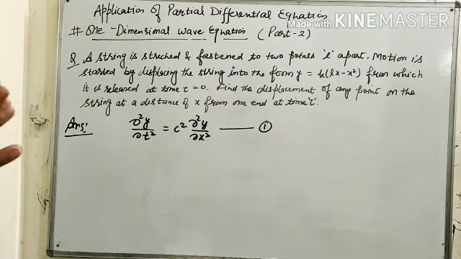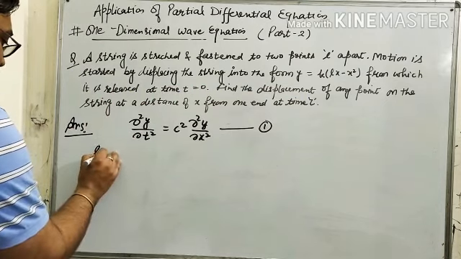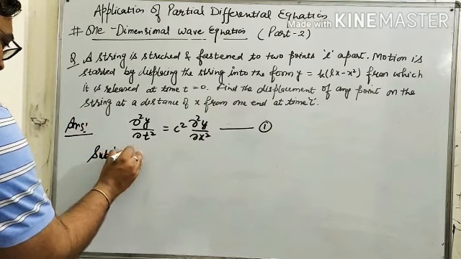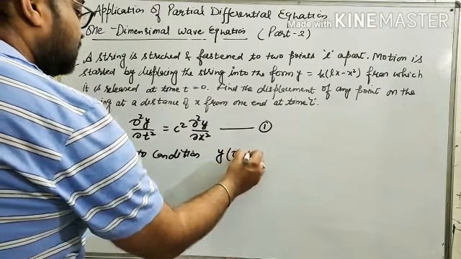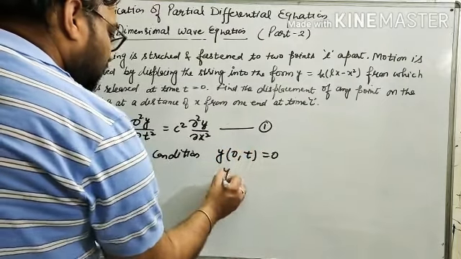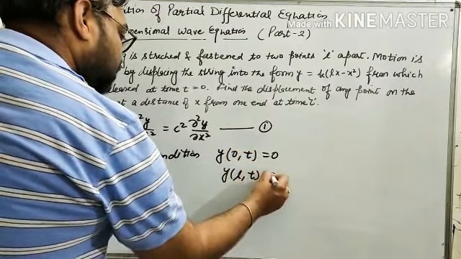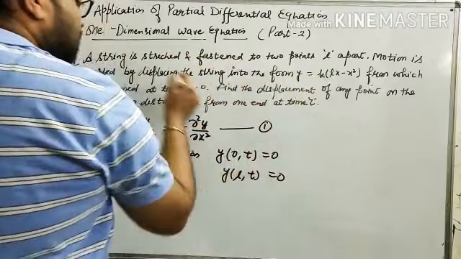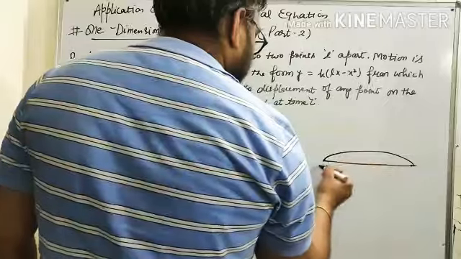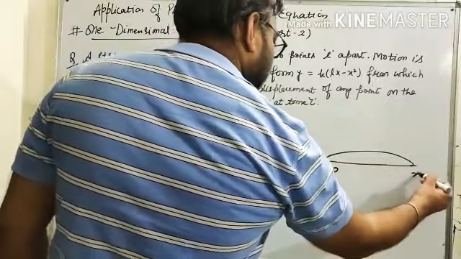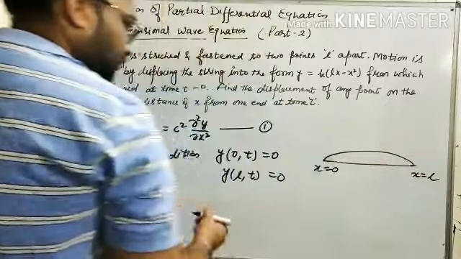So the end points of the string are fastened, that is they are fixed. It means the boundary conditions are y(0,t) equals 0, y(l,t) equals 0, because both endpoints are fixed, such as this is a string, here x equals 0 and here x equals l.